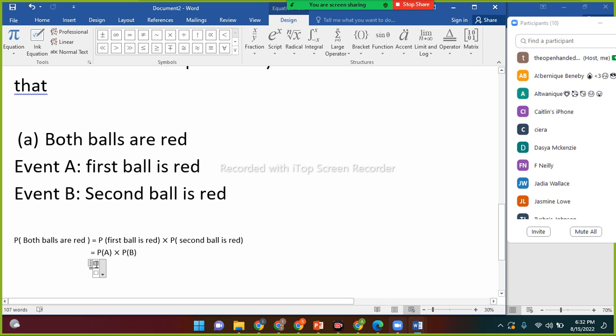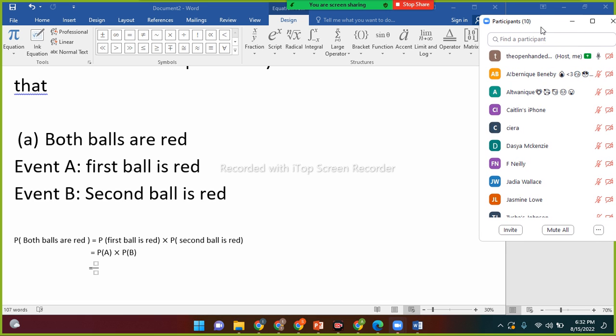Caitlin, what's the probability that the first ball is red? Caitlin, are you here? 4/10. Okay, how did you get 4/10?